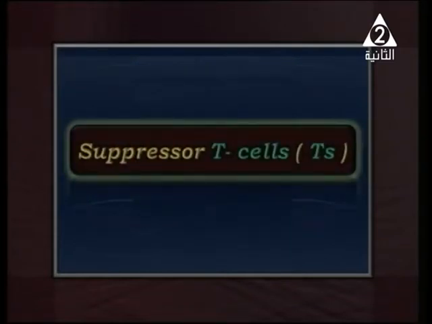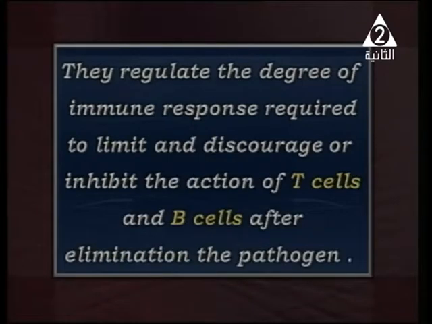Also we have a kind of T cells called suppressor T cells. They regulate the degree of the immune response required, to limit and also discourage or inhibit the action of T cells and B cells after elimination of the pathogen.